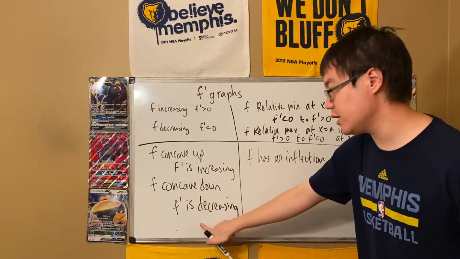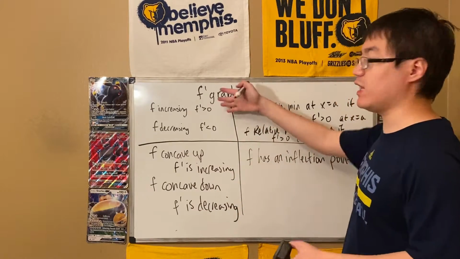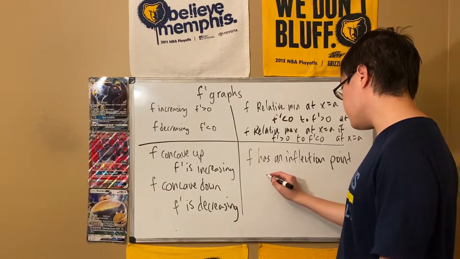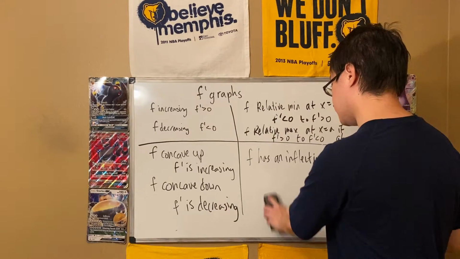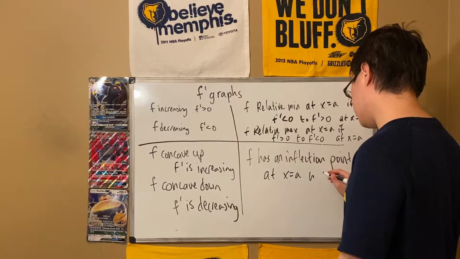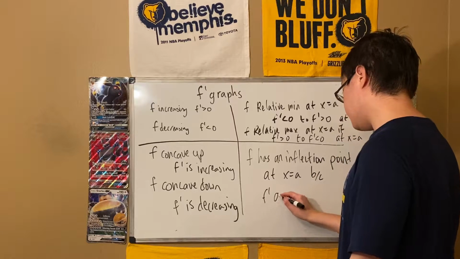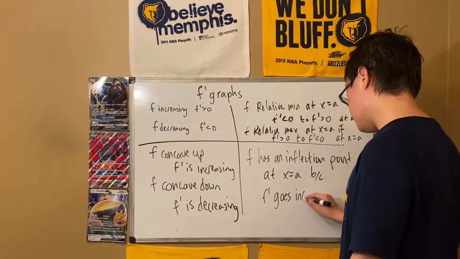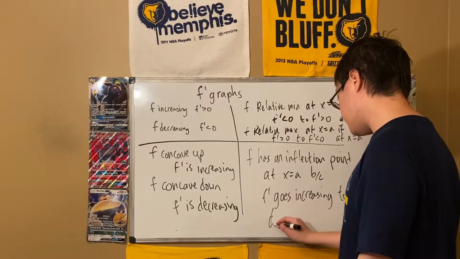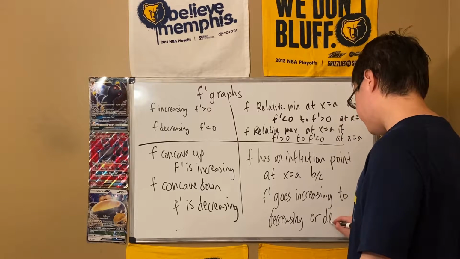Because again, we have an f prime graph, so we want to use a rule that involves f prime. So we can say at x equals a, like the other one, at x equals a, because f prime goes from increasing to decreasing, or decreasing to increasing.